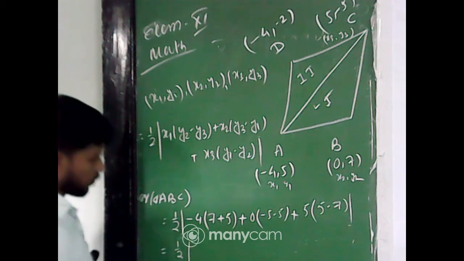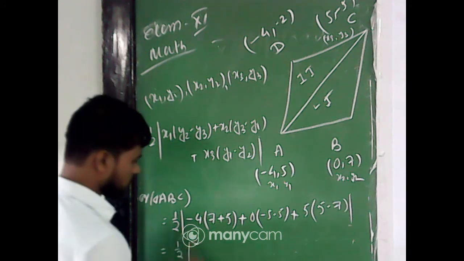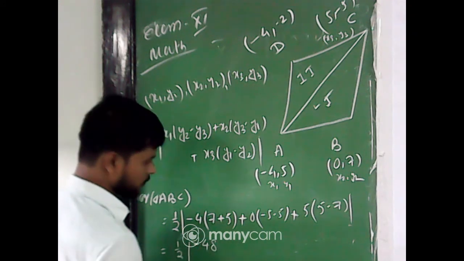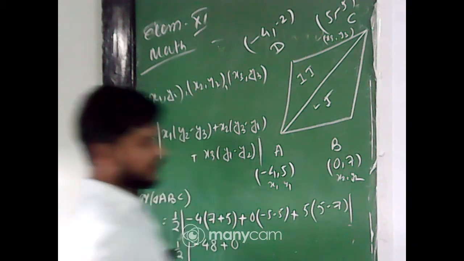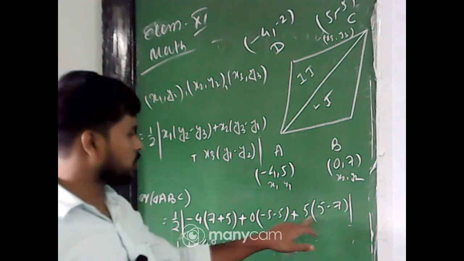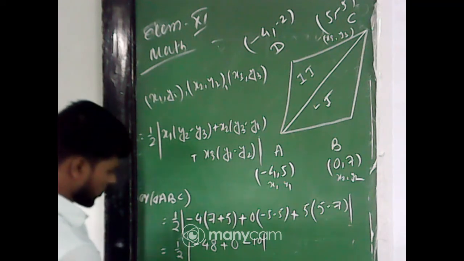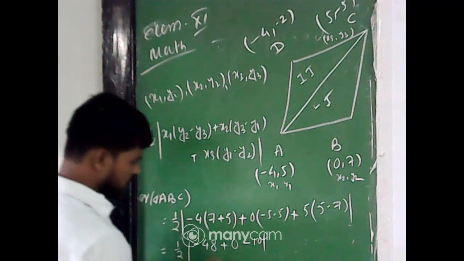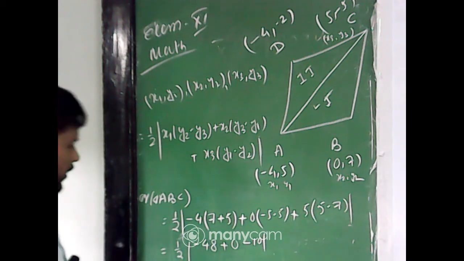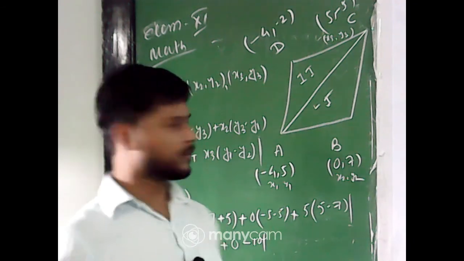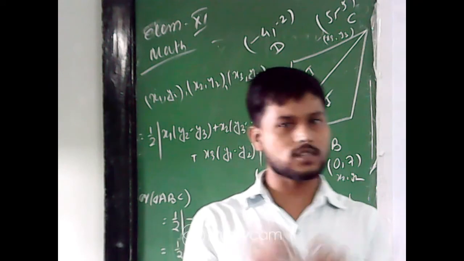Half mod of, so this is 7 plus 5, 12. 12 into 4, that is 48, minus 40, plus 0, and this is 5 minus 7, that is minus 2. Minus 2 into 5 is minus 10. So half mod of, this is actually minus 58. Now modulus is a function that always gives a positive value.